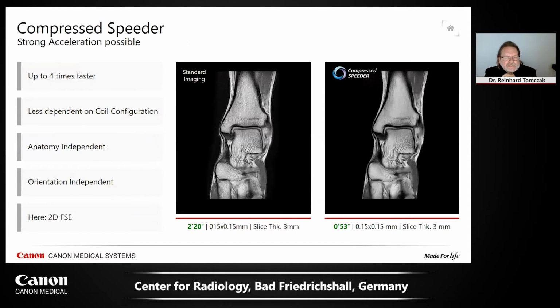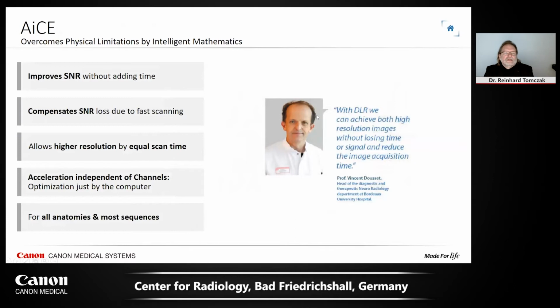It's not really dependent on coil configuration. It's anatomy independent and orientation independent. You can speed up an image like this upper ankle joint from 2 minutes 20 to 53 seconds, and the images are pretty much comparable. So I think they are diagnostic for daily diagnostic use.